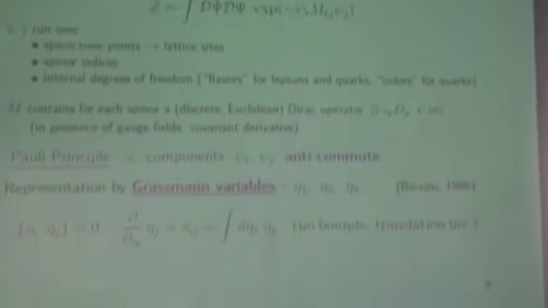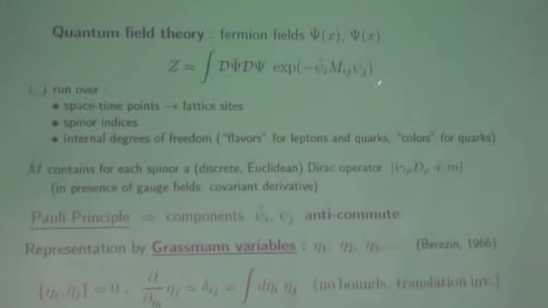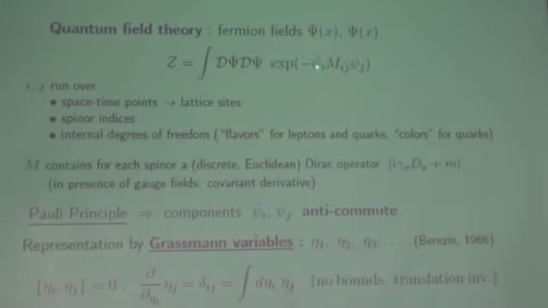And now I write the partition function over a giant matrix M. So we have psi, whose indices run over all positions, space-time points, or lattice sites, and in each lattice site over the 4 spinor indices, and in each spinor index over possible additional degrees of freedom: flavor, color, and so on.